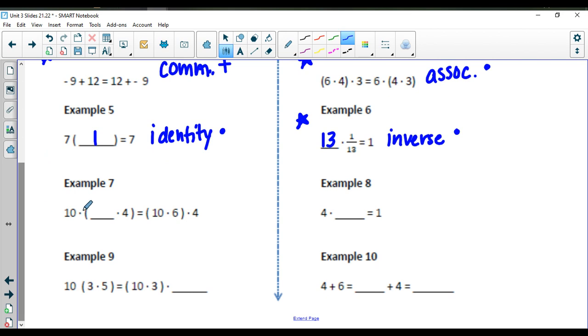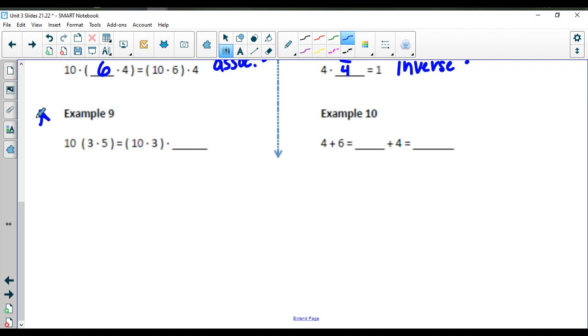In number 7, looking at my numbers, I have 10 blank 4, 10, 6, 4, so it looks like the 6 needs to go there, and it looks like my parentheses changed, so we're going to call that associative property, and it's of multiplication. In example number 8, I end with 1 again, so this is another example of inverse property, so I'm going to multiply by the reciprocal here, which the reciprocal of 4 is 1/4.